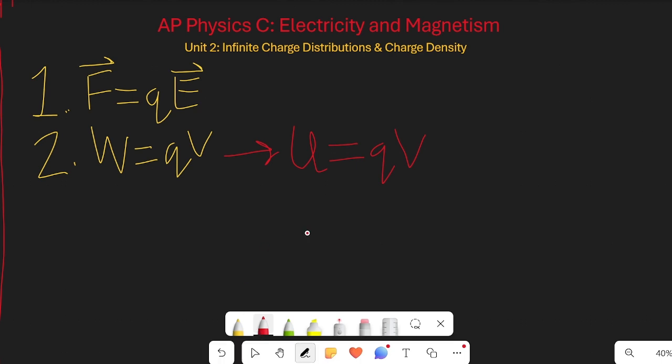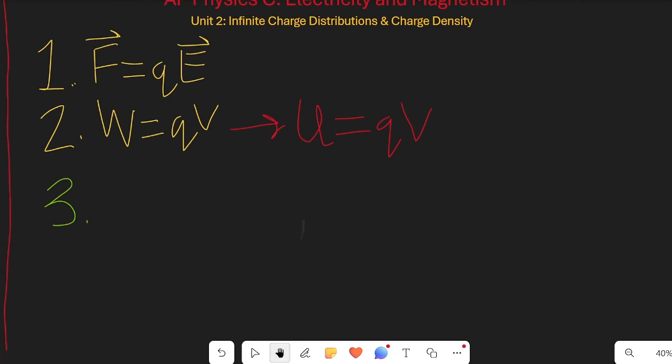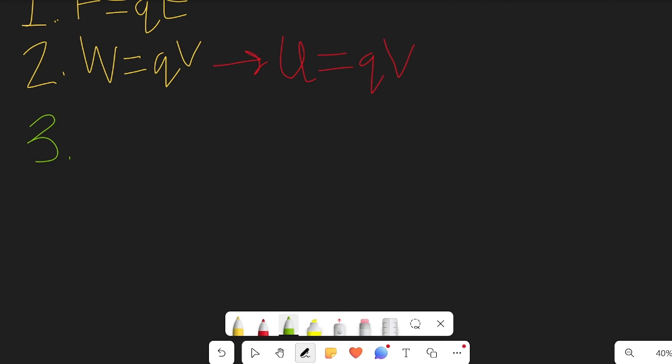And then the third equation we went over was Coulomb's law. Of course there were several variations to this equation, but first let's go over just straight Coulomb's law. Coulomb's law states that the force between 2 point charges is equal to the Coulomb constant times Q1 times Q2 over R squared.